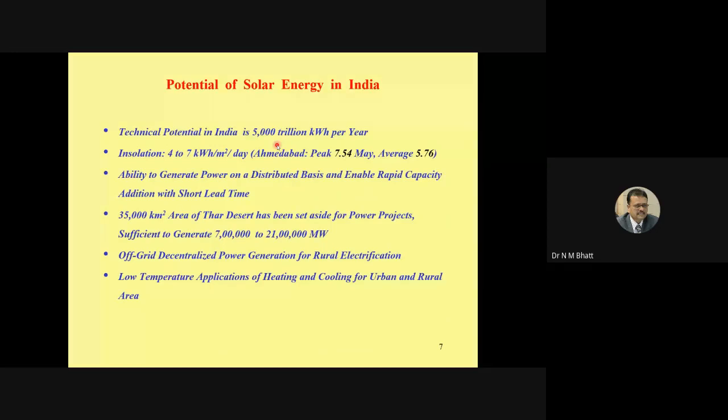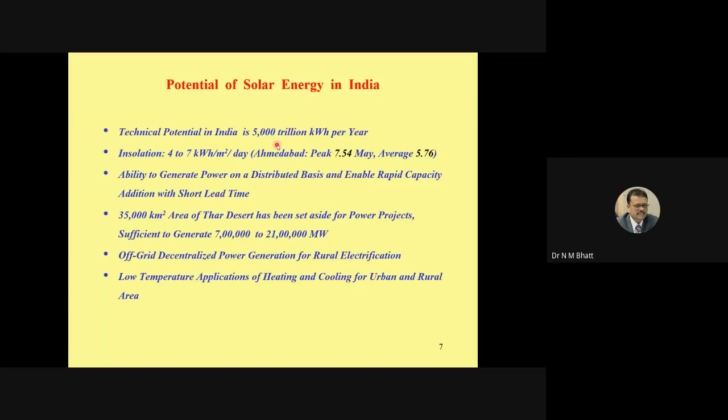What I'm telling is that this number is derived from the fact that locations where there is a technical potential to capture the solar energy are considered. It is not simply a product of average solar insolation over India and the total land area of India.